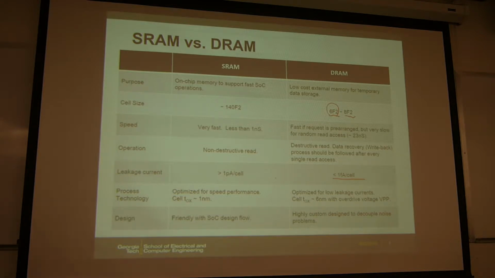Femto, you know, is 10 to the power negative 15. DRAM has this leakage problem, that's why we need a refresh of the DRAM. To minimize the leakage, the DRAM transistor is a special transistor, and we will talk about that later. But this is different from the logic transistor.